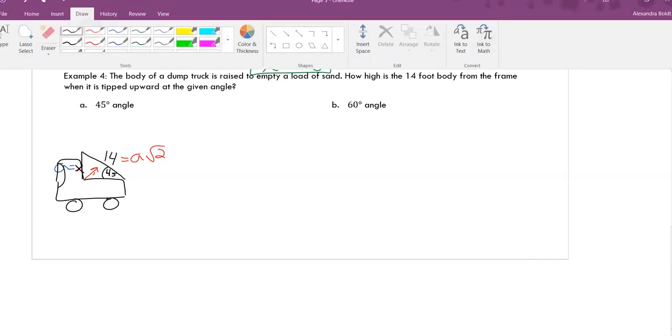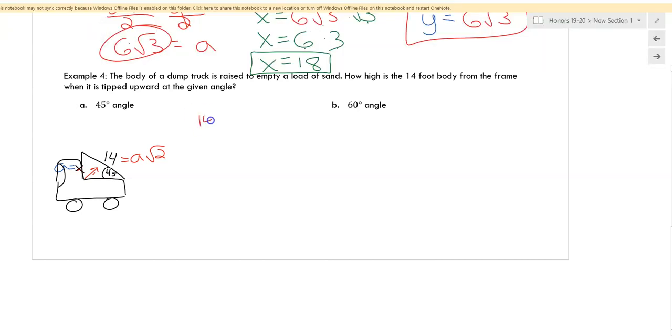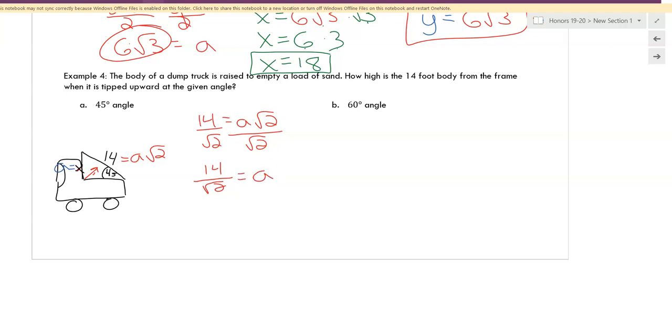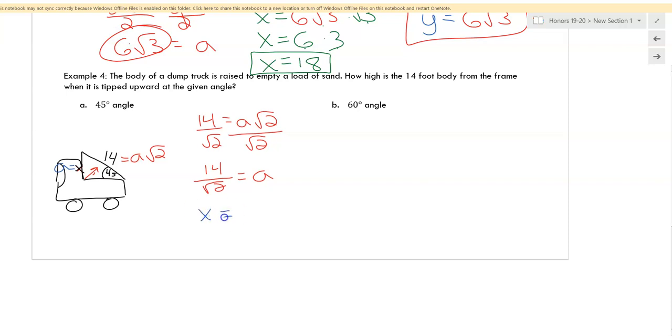So we're given that 14 equals a root 2. So I'm going to divide by root 2. So 14 over root 2 equals a. When I'm solving for x, x equals a. So x equals 14 over root 2.